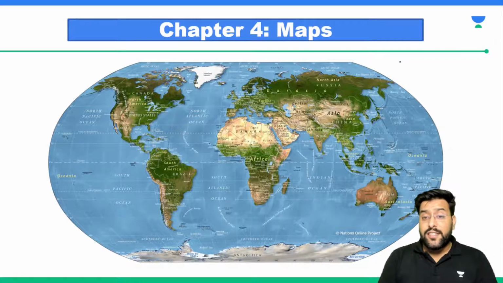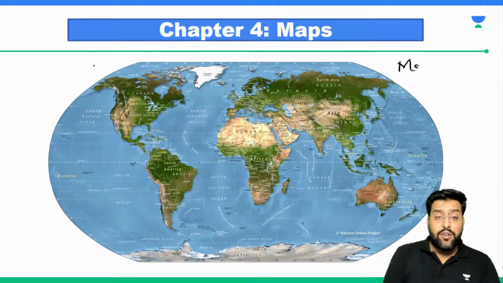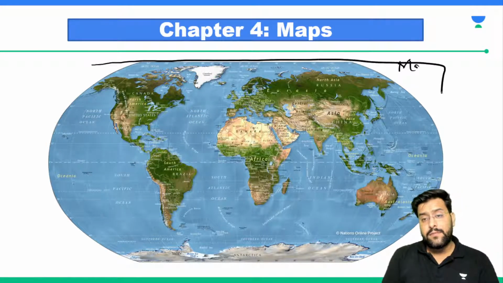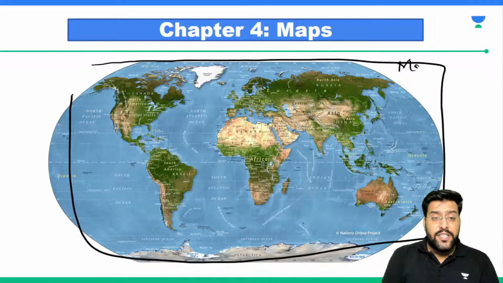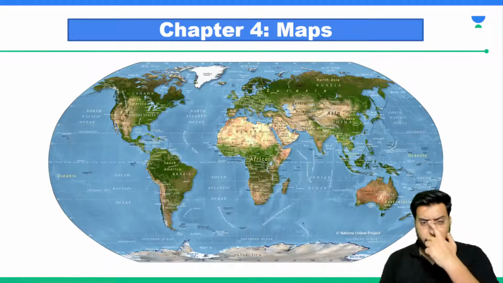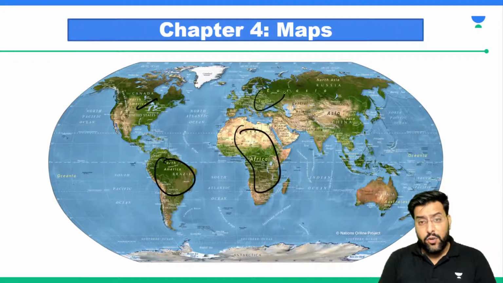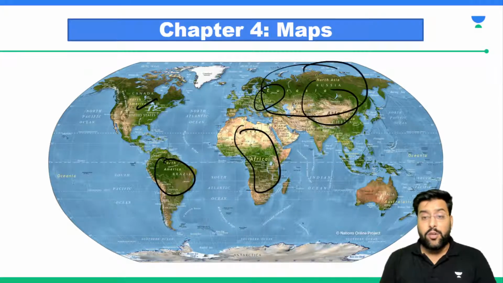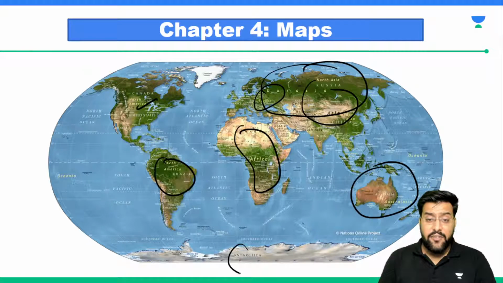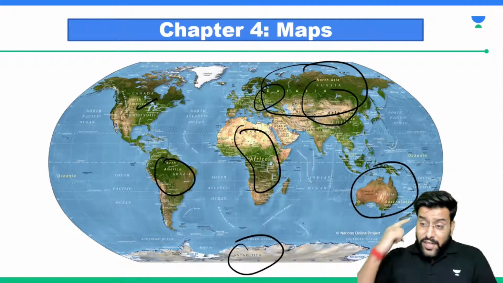And this is what, sir? This is a map. On a plain sheet of paper, you get to see various parts of the earth. This is North America, this is South America, this is Africa, this is Europe, and Asia. Together we call it Eurasia. This is Australia, and here we have Antarctica. You know the difference?